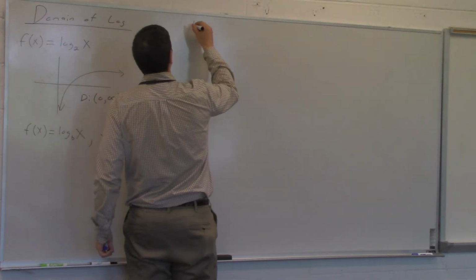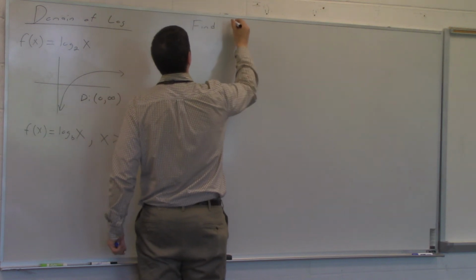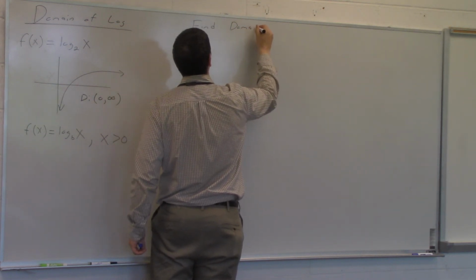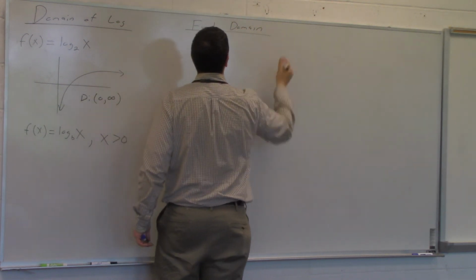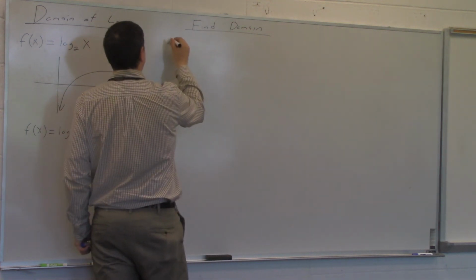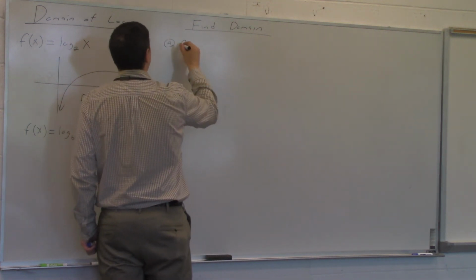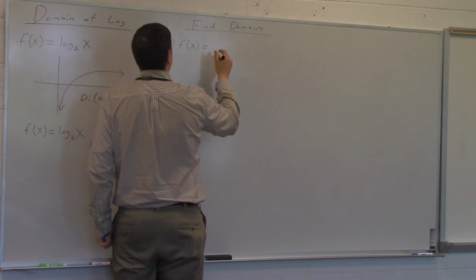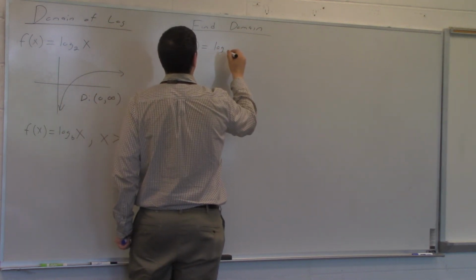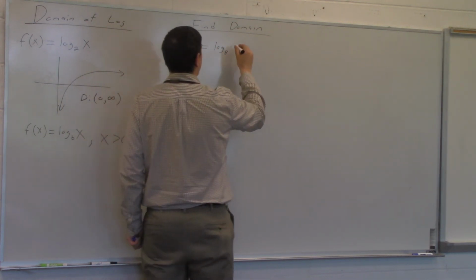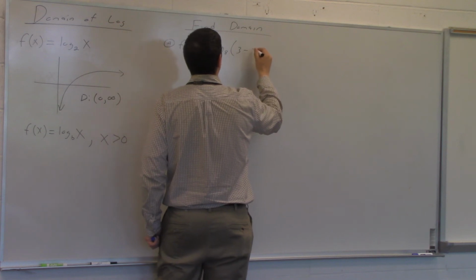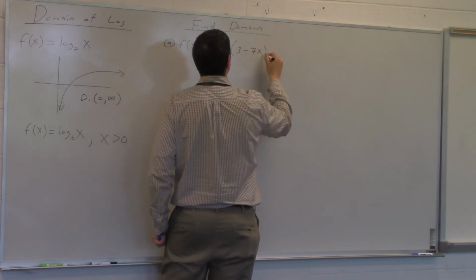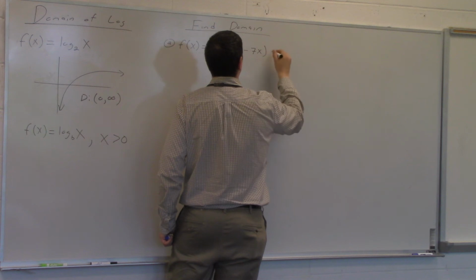So, for example, let's find the domain of the logarithmic function. Let's start off with an easy one. Let's say we have f of x equals log base 8 of (3 minus 7x) plus 12.